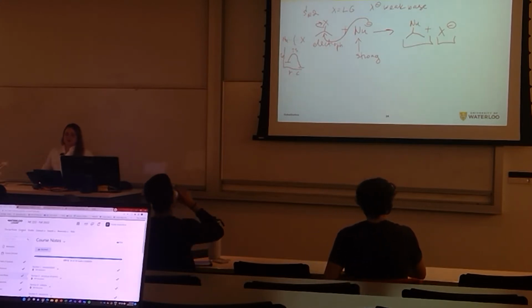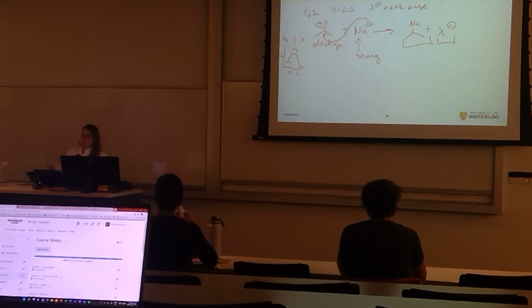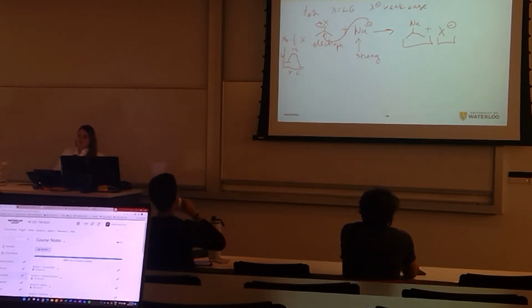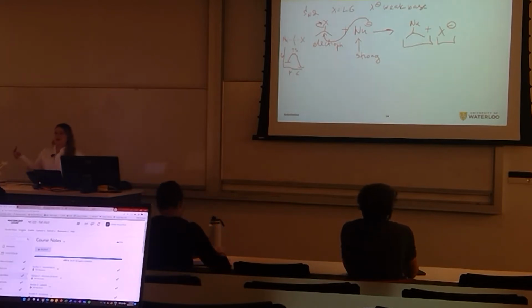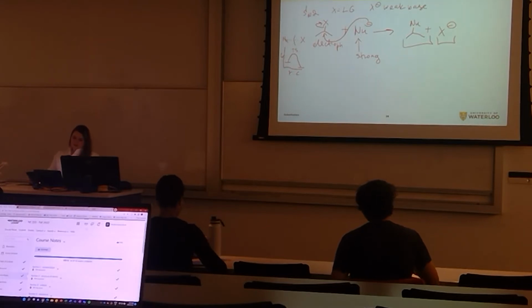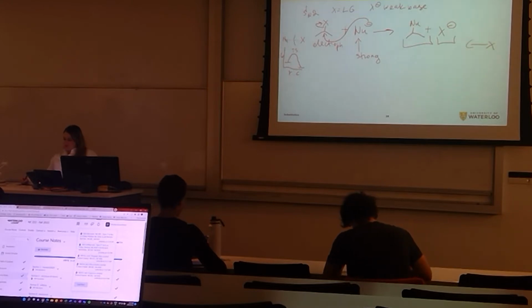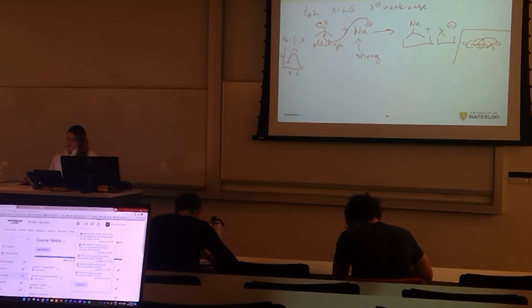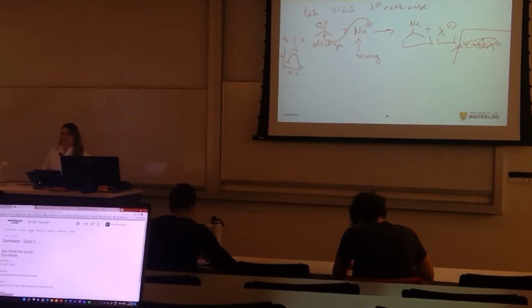But we have antibonding orbitals that are molecular orbitals from the bond. And our nucleophile can attack that orbital, and that orbital pokes out from the other side. So if this is our usual sigma bond, like C-X, our antibonding orbital will be over here. And this is where the nucleophile attacks, and this is why it attacks from the back.